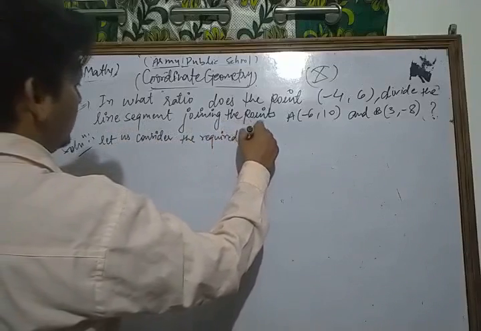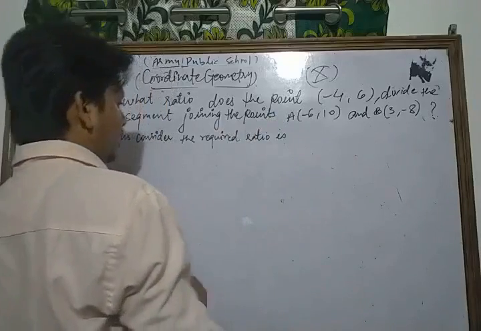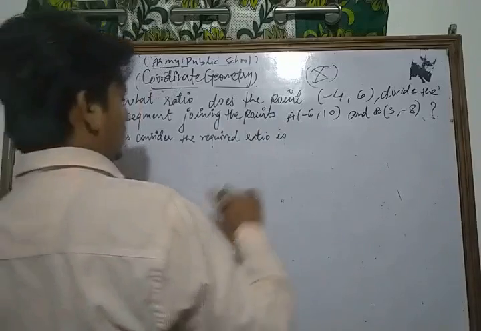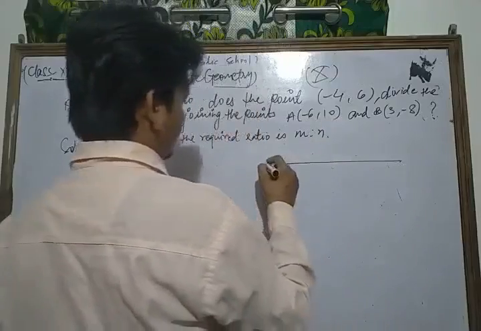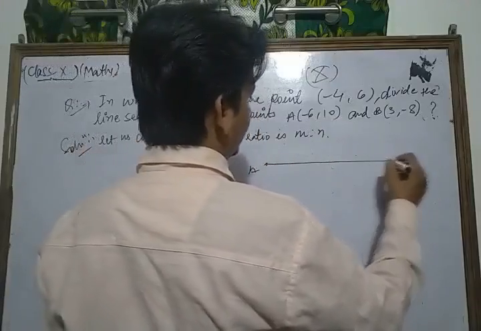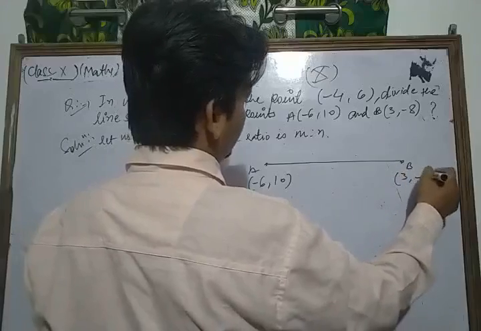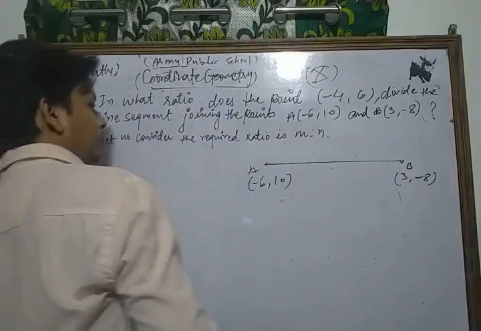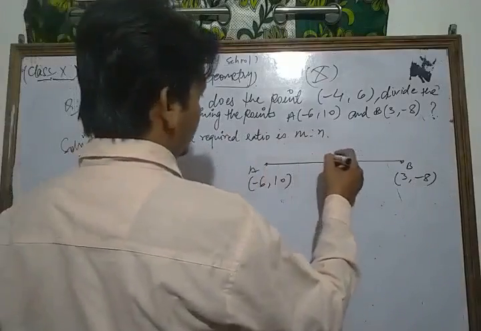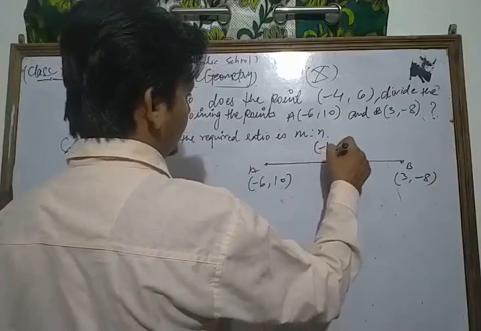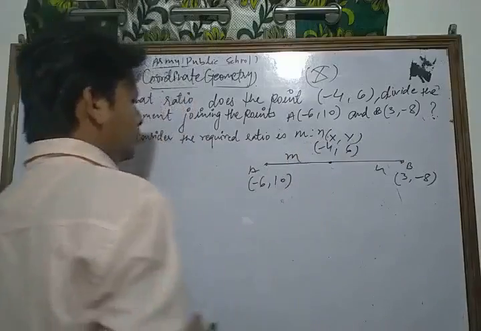Let us take two points A and B, with coordinates minus 6, 10 and 3, minus 8, and the point minus 4, 6. We take capital X, capital Y, and the required ratio is m is to n.